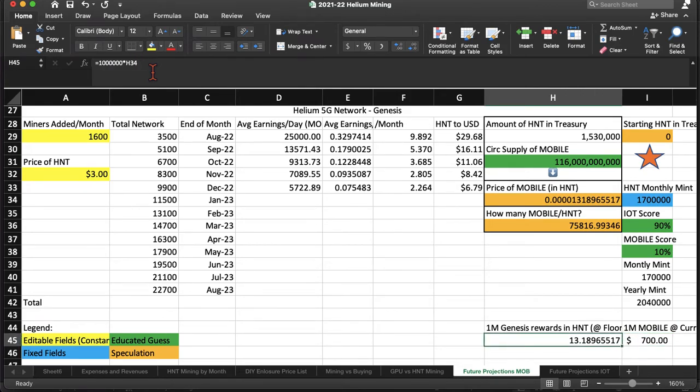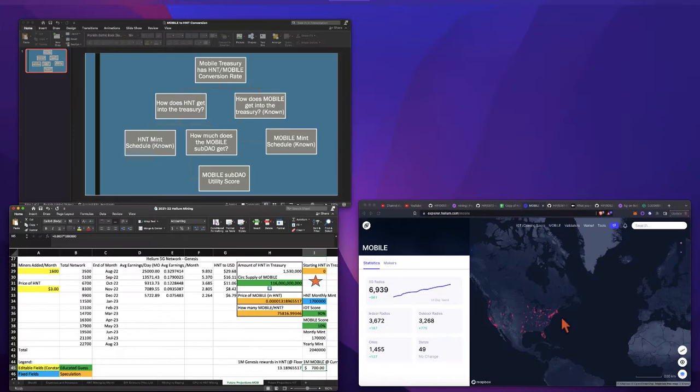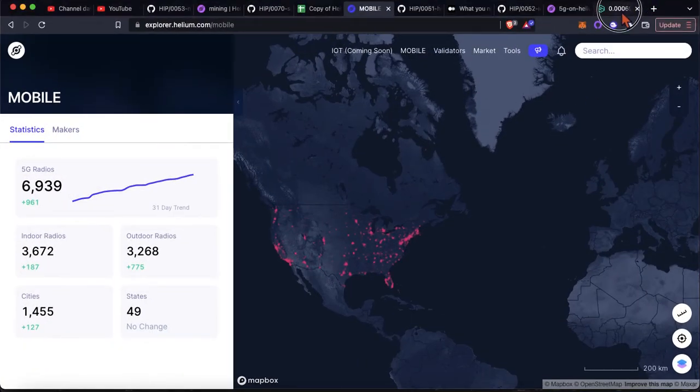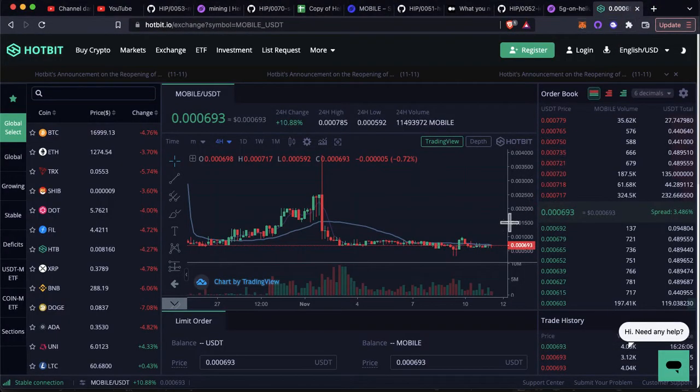So again, this floor is really, really low, right? 13 HNT is a far cry with HNT at $3 or sub $3. 13 HNT is a far cry from the market price of mobile. And again, where am I getting that market price? It's only listed, as far as I know, on Hotbit here.